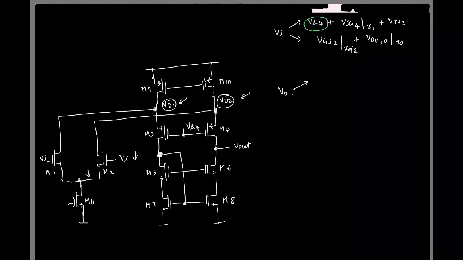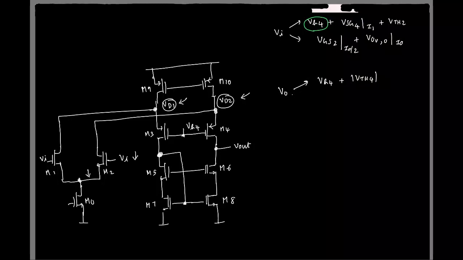Okay, so if I keep increasing output, which transistor starts to enter triode region? M4. So what is the maximum Vout can go? VB4 plus mod VTH4. Is that fine?